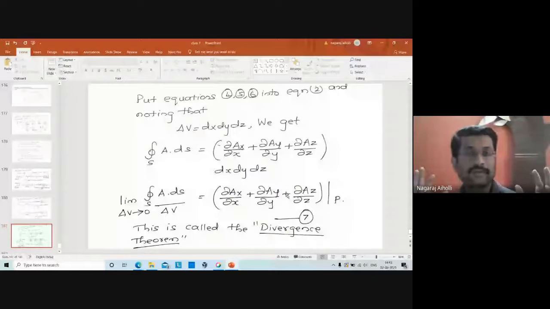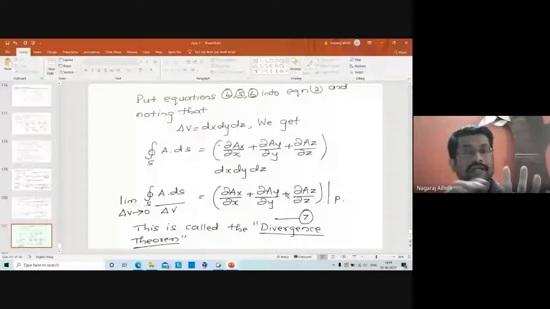Yes or no? The flux coming out of the surface, the net flux, is equal to taking some point in that closed surface, taking the divergence, which means the spreading factor in all directions, at that point, and integrating that divergence with respect to the entire volume. What does it give? The total flux. Both are one and the same.